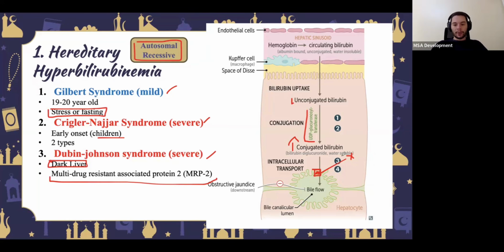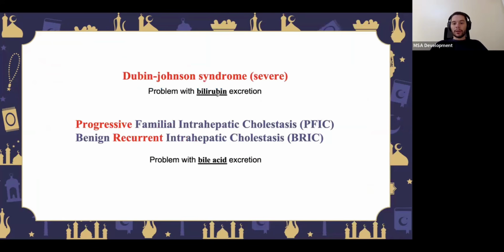Now, if you take this one step further, we mentioned that Dubin-Johnson is a problem with bilirubin excretion. And if we go back to what we already discussed regarding bile constituents, we said bile is made up of bile acids, bilirubin, cholesterol, phospholipids, water, and ions. Let's say you have a problem with bile acid excretion.